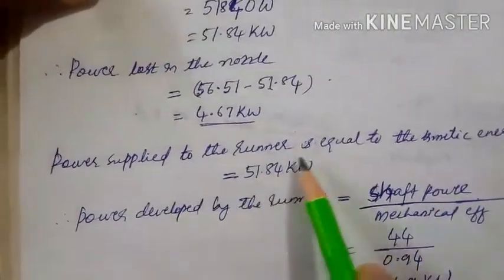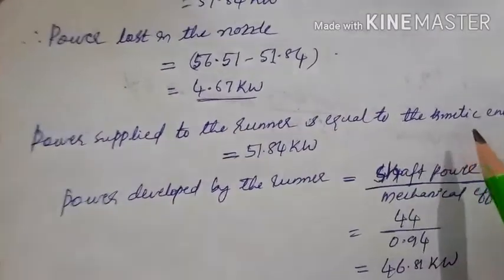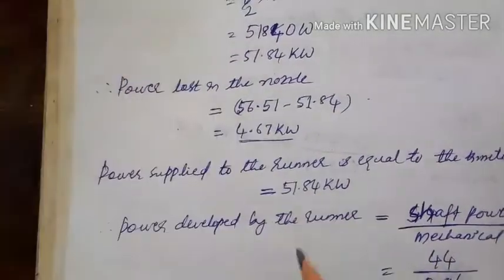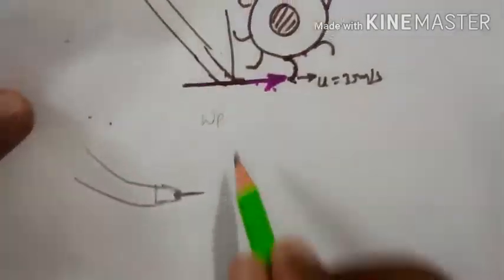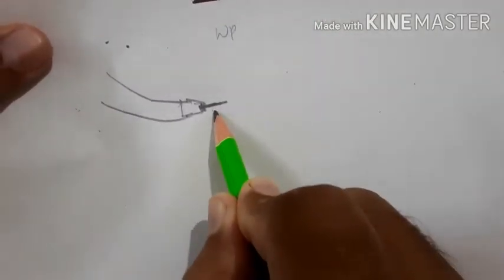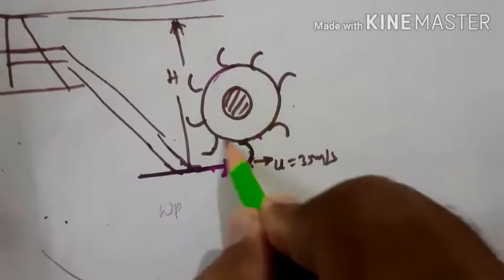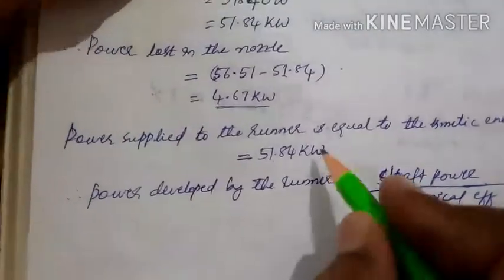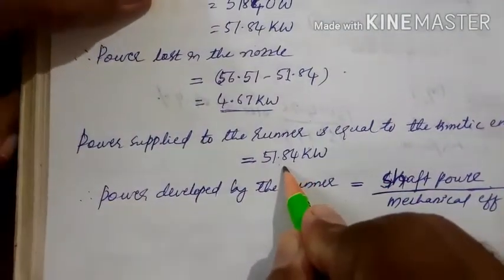Power supplied to the runner is equal to the kinetic energy of the jet, that is this much, the same is being transferred to the runner through the buckets. Okay, so 51.84 will be the power available at the runner.